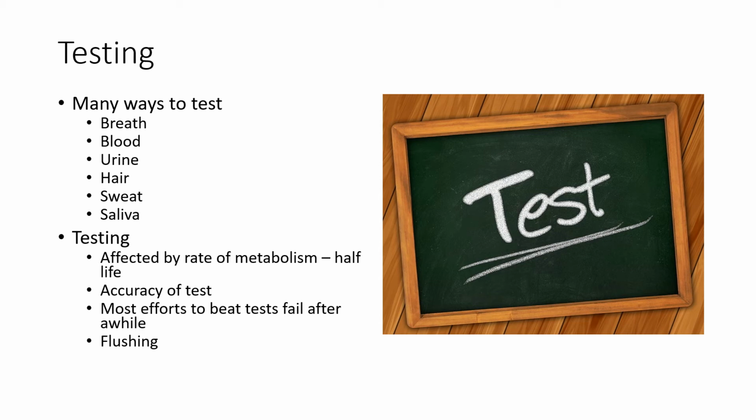One way many people try to beat drug tests is called flushing. They drink large volumes of water and dilute their urine, hoping to get the drug that's coming out of their body to such a low concentration it won't be detected. However, the drug labs that do drug testing can readily detect this.